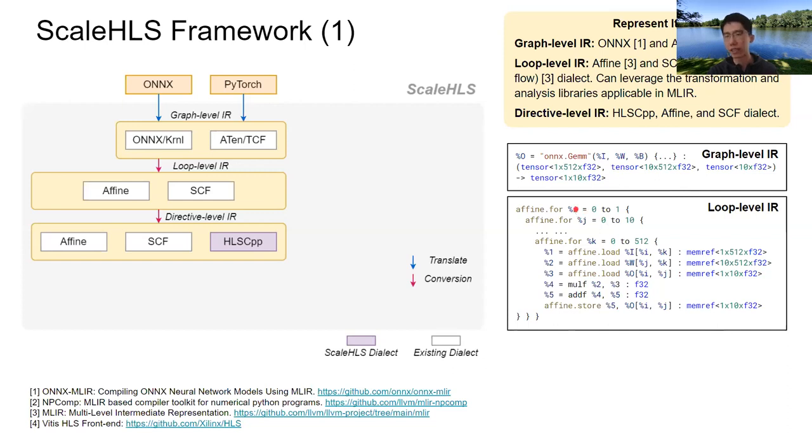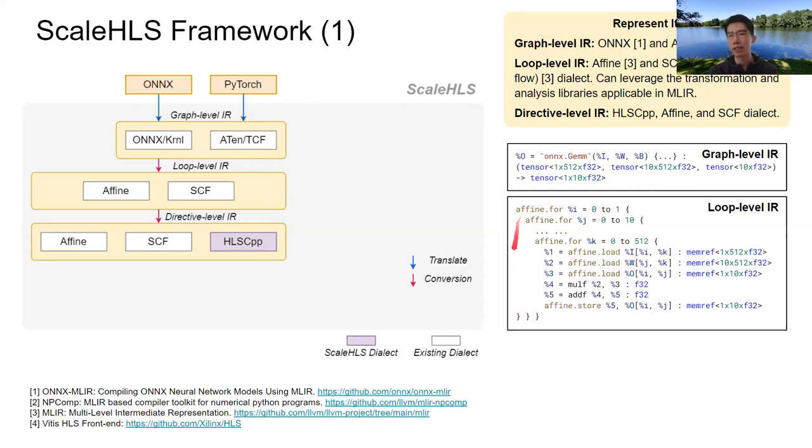It explicitly represents the I loop, J loop, and K loop rather than using branches. There are also some other operations such as affine load and affine store operations to represent the memory access behavior in the IR.